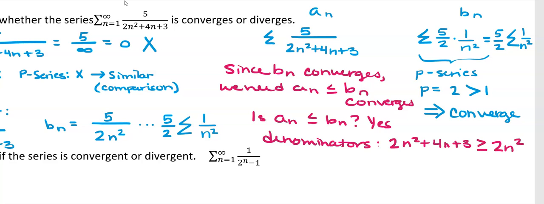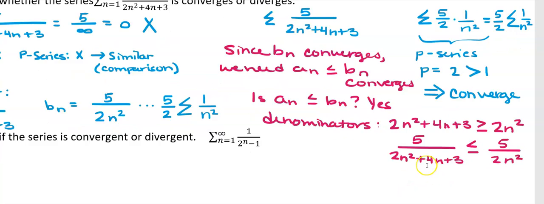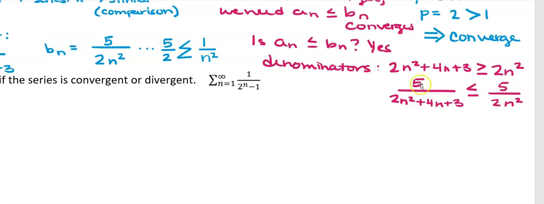When you have a larger denominator, but your numerator is staying the same, the fraction as a whole is going to be smaller. And since the fraction on the left would be smaller than the fraction on the right, and the fraction on the left is a sub n, then we would know that a sub n is smaller than b sub n.